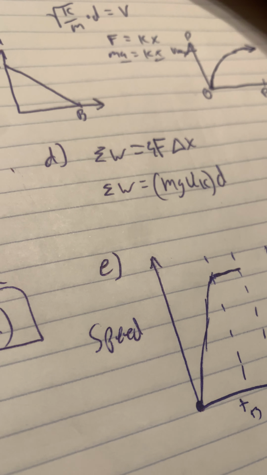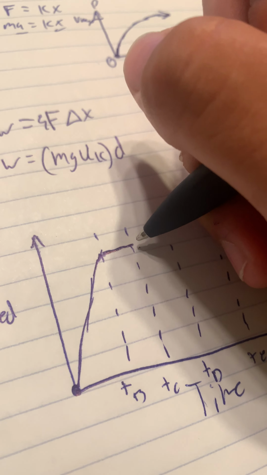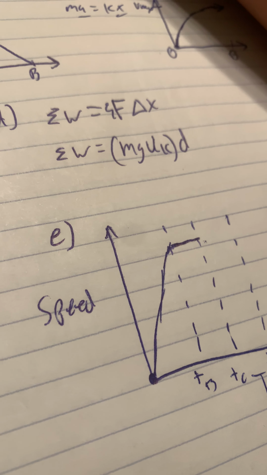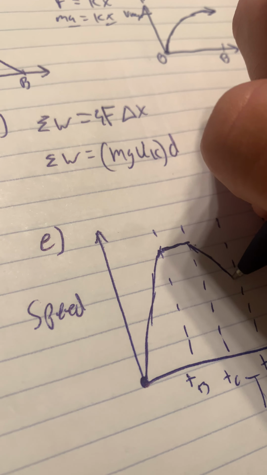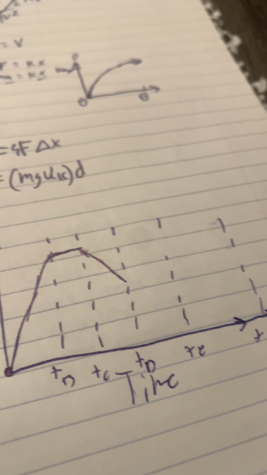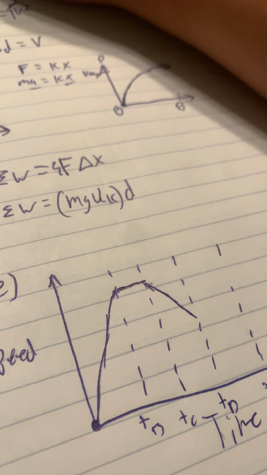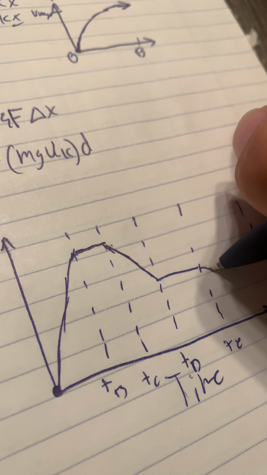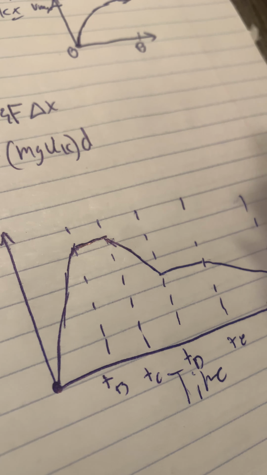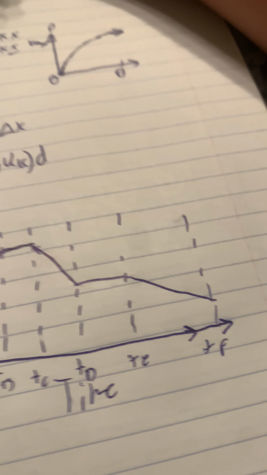And then once it reaches point C, or time C, it will decelerate due to friction. And then it will stay the same from D to E, after which it will decrease in speed again as it comes in contact with the other block, the other mass.